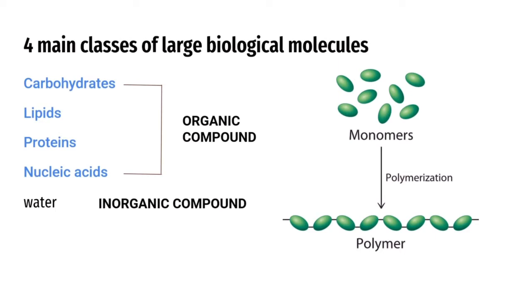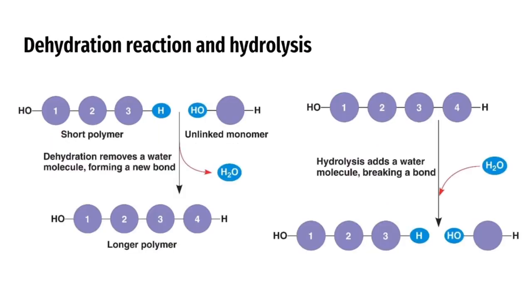Usually, macromolecules consist of polymers, which are made up of many monomers, like the picture on the right. So how do monomers become a polymer? It is through dehydration synthesis. This wording is very important, so it would be great if you keep this in mind.